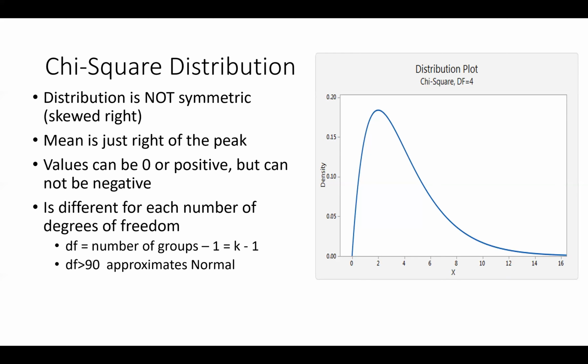Remember, we've talked about how the normal distribution can be used to approximate a lot of the other distributions at a certain point. And the certain point where chi-square begins to be approximated by the normal is when the degrees of freedom is 90 or higher. Okay, so that's the chi-square distribution. We're going to talk more about chi-square in Module 4, but I introduced it here because that's the distribution that supports the H-test statistic for Kruskal Wallis.